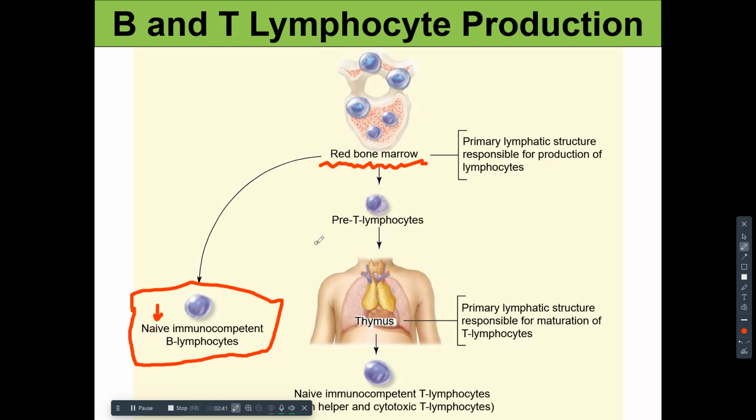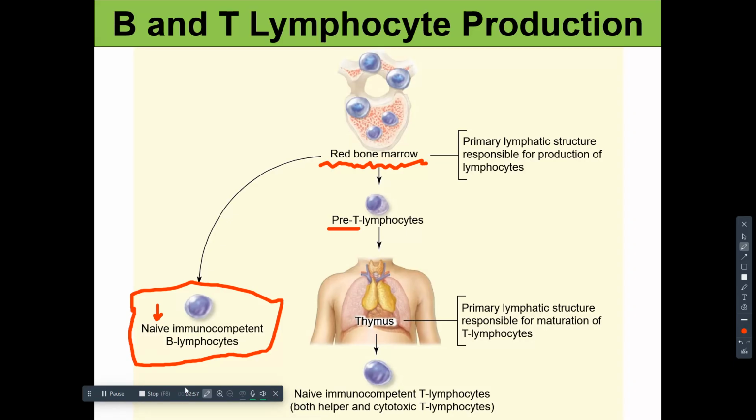Now, T's are different. T lymphocytes, when they come out of the red bone marrow, are not full-fledged T lymphocytes yet. These pre-T lymphocytes travel to the thymus first, and it's in the thymus that the T lymphocytes are going to mature. Then exiting the thymus, we're going to have naive immunocompetent T lymphocytes.